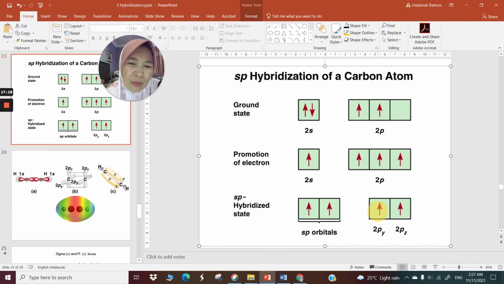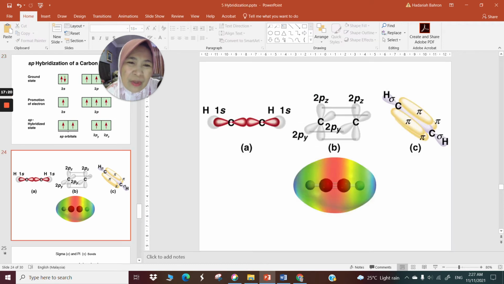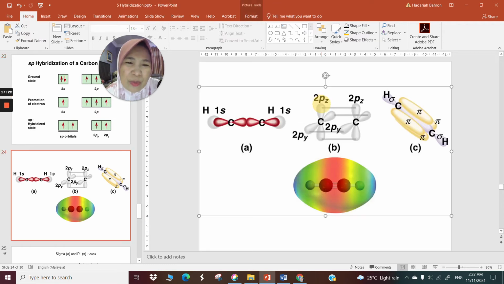This is for one carbon, and on the right of that molecule a similar thing happened. So 2pz will overlap with 2pz to make a pi bond because they are parallel to one another, and the 2py will overlap with 2py to make another pi bond. So eventually you're going to get two pi bonds.